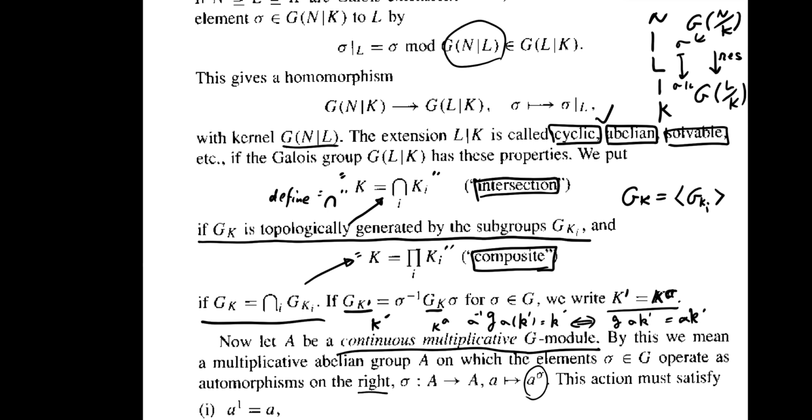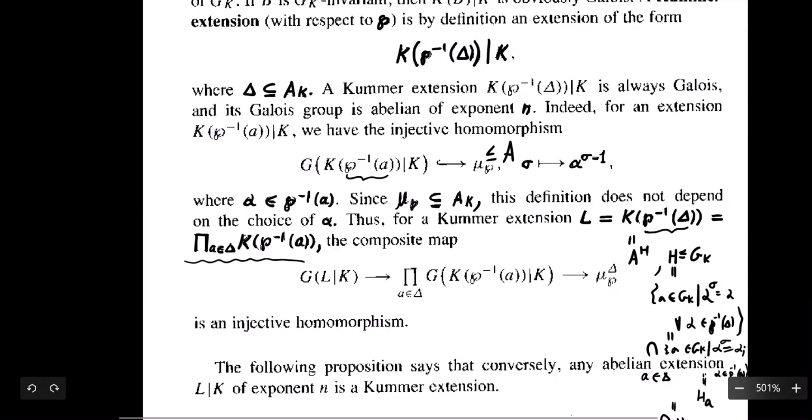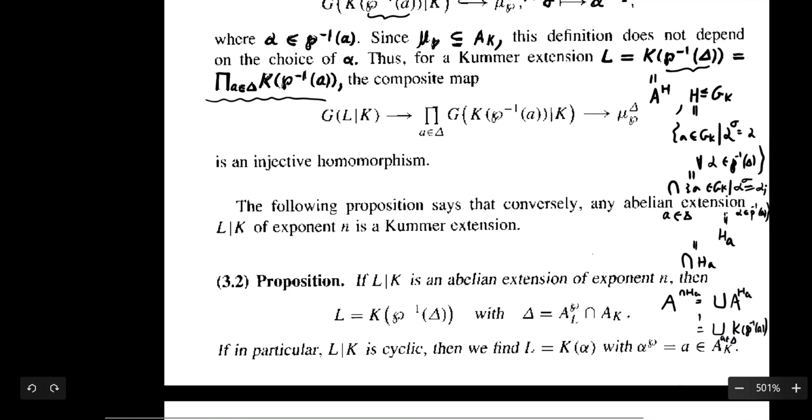And the group is the intersection, and this fixing field is the composite. And here, how is our group?